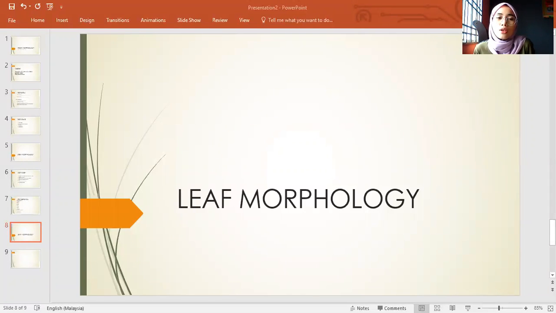Okay. The third question is three functions of roots in plants. I already stated this in the root morphology part, which is first as a support system, second for nutrient and water absorption, the third one is for hormone production in the plant itself, for example gibberellin. So the fourth question is types of root modification.